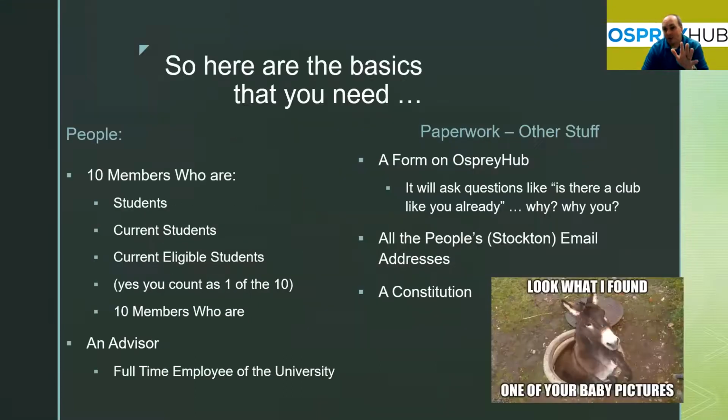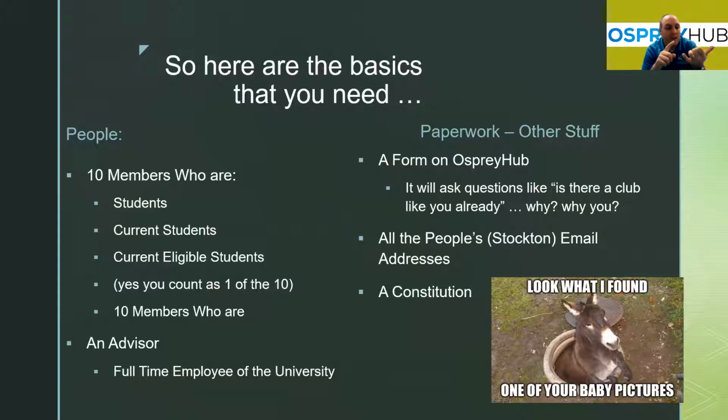What do you need to start a club? Let's talk about that. All right. What you need are 10 members, 10 student members, 10 current student members, 10 currently eligible student members. So what does eligibility mean?